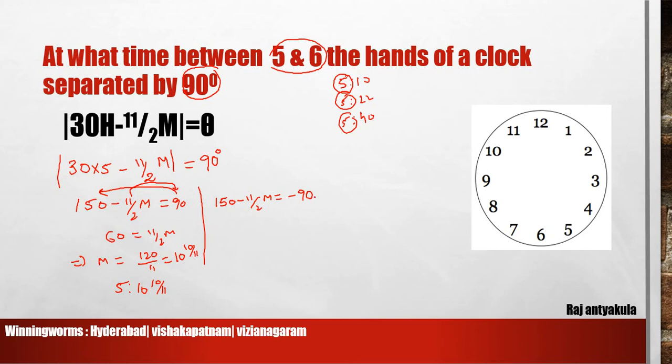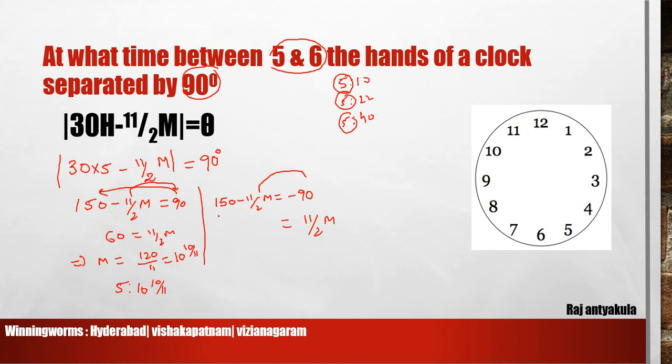In the other case, take this 11 by 2m to the right hand side. So 11 by 2m. Bring this minus 90 to the left hand side. So minus 90 will become how much?